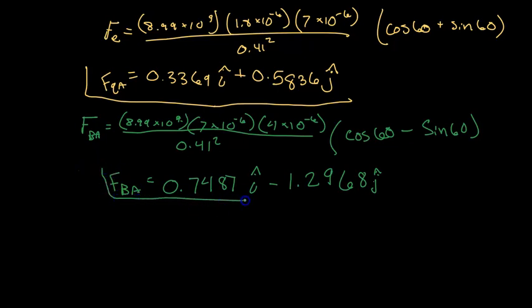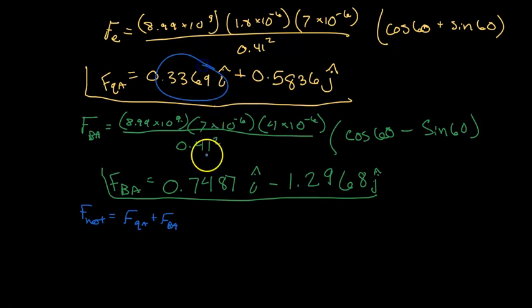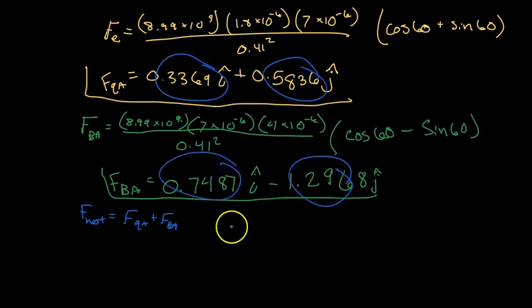Since we're looking for the net force, our net force will be our force of Q on A plus our force of B on A, and we will just do the vector addition, so it will be this number plus this number, and then this number plus this number.